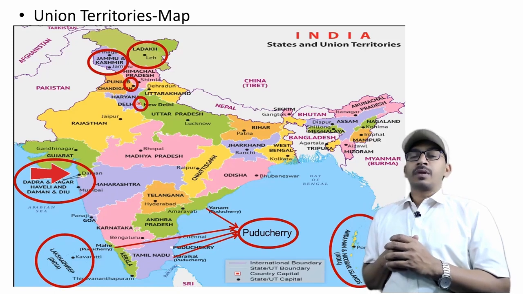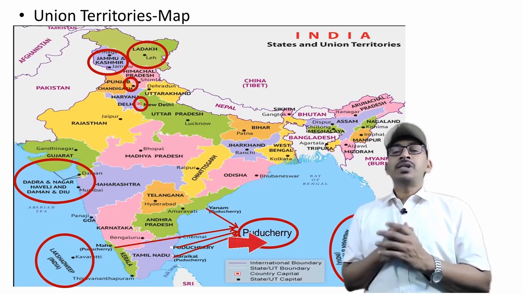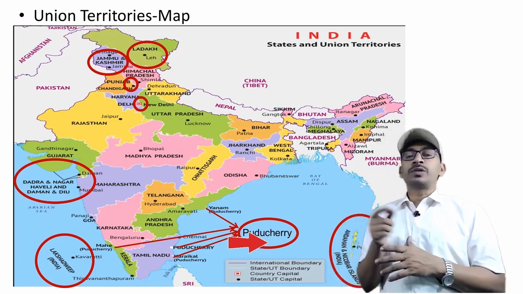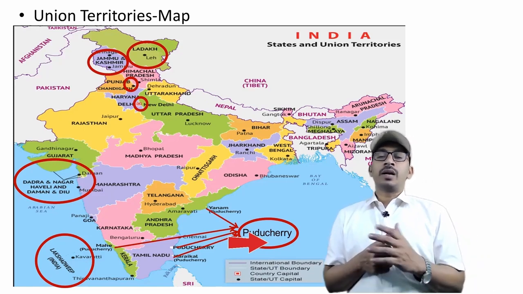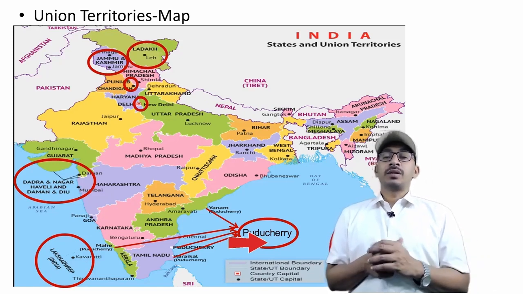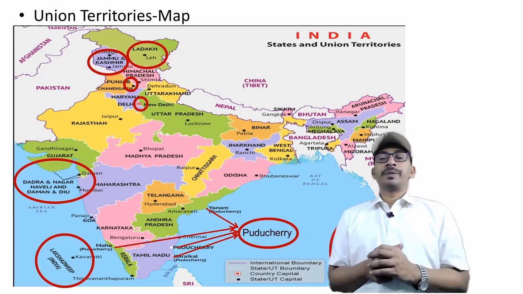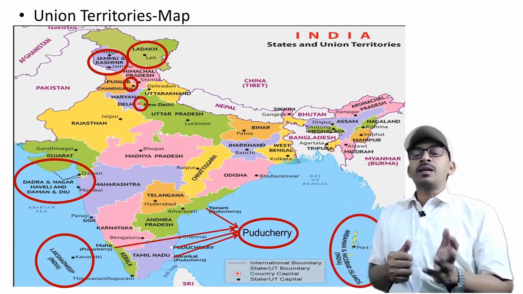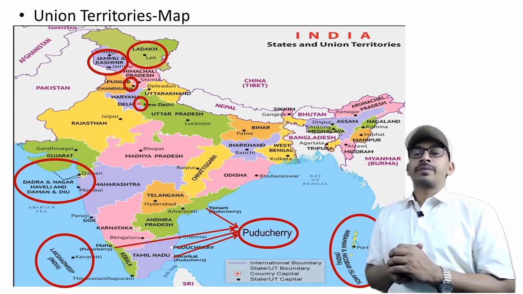Pondicherry, with the combination of Yanam, Pondicherry or Puducherry, Karaikal, Mahe in the west coast, four territories combined, and Pondicherry Union Territory was created, and these were French occupations at the time of independence. Andaman Nicobar and Lakshadweep, island groups, one in Bay of Bengal, one in west coast, Arabian Sea.